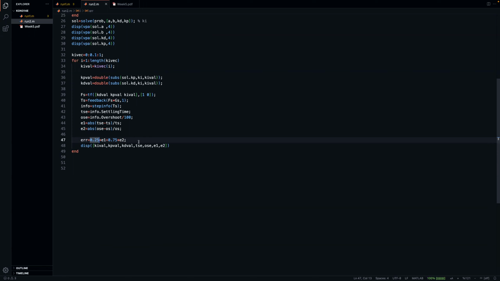The important thing here is that this combination is not arbitrary. It's called the convex combination. And what we do is we choose alpha for one, and then 1 minus alpha for the other one, so that their sum is always equal to 100%, basically. 25%, 75%, etc. If you have more than two objectives, like settling time, overshoot, and rise time for some reason, or some energy function, whatever, then you can just come up with alpha 1, alpha 2, and then the third one would be alpha 3, and all alphas would be between 0 and 1.